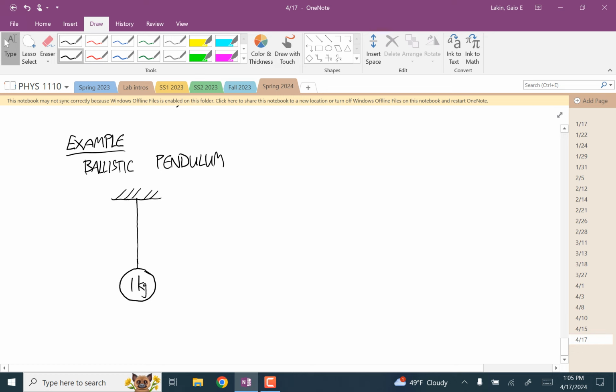This is like a block of wood or something that a bullet is going to enter but not come out the other side. And you shoot a bullet into this thing. Let's say that the bullet has a mass of 0.005 kilograms. And we don't know what it's moving at. That's what we're trying to find.